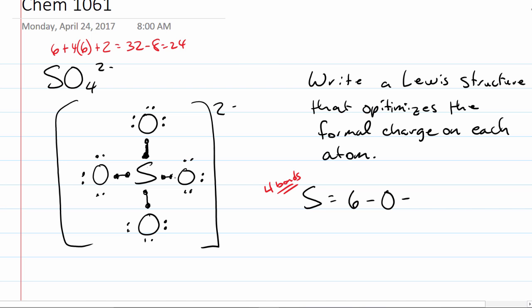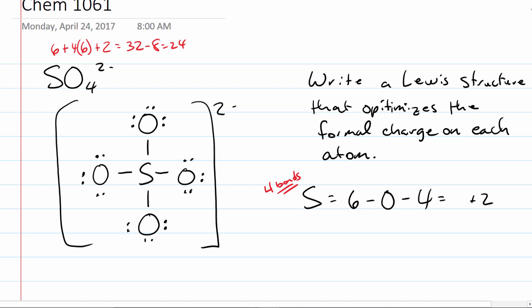So when we say we're going to take 1/2 of the bonding electrons, we're really only counting the ones that come from the sulfur right now, which is 4. There's a total of 8 bonding electrons, but half of those is 4. So we subtract 4. And once we calculate this out, what do we get when we take 6 minus 0 minus 4?